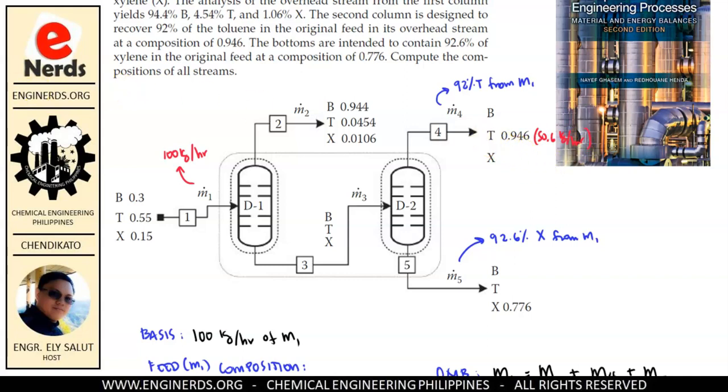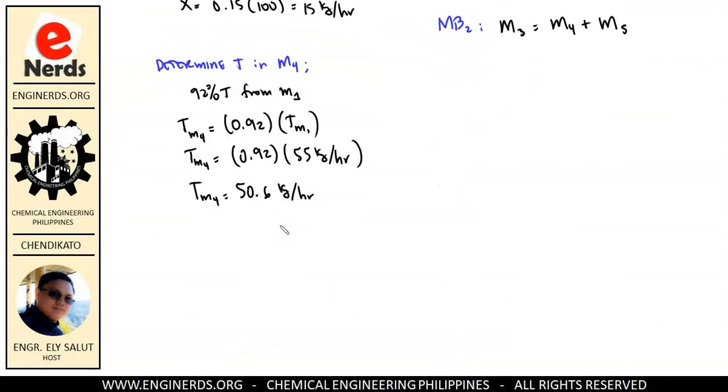Now, we know that in our M4, toluene is 94.6%. Okay? So, yan ang composition ng toluene dito sa ating M4. It is written right here. In overhead stream, the composition is 0.946. Okay, so that means we can determine our M4 stream.